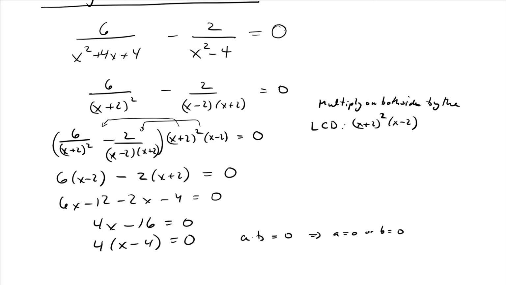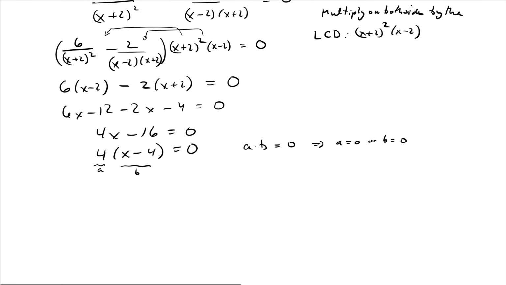Now, this is like our a, this is like our b. Now, a is clearly not 0, it's a constant. So that means that x minus 4 must be 0. Maybe it sounds kind of stupid. Maybe you could tell me, I would just divide on both sides by 4, but this is a principle we're going to apply in more complex cases. So I just want to show you that it still applies in that case. So we get x equals 4 as a solution.